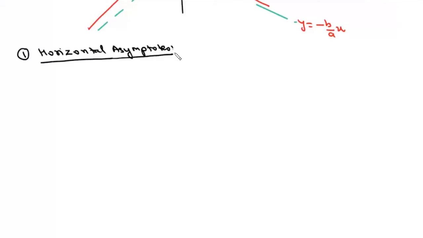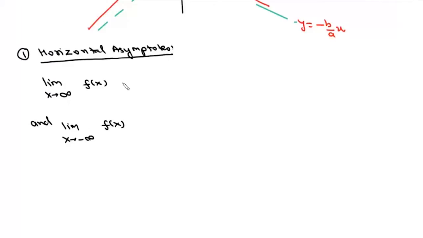Now basically finding horizontal asymptotes is easy, because in this case, this line appears to meet the curve at either plus infinite or minus infinite. So for this, we'll calculate these two limits. Limit x tends to infinite f(x) and limit x tends to minus infinite f(x).